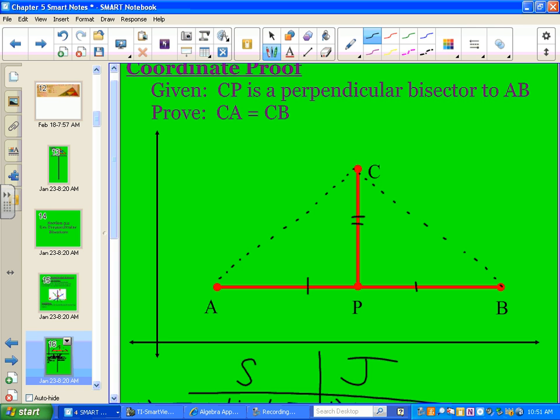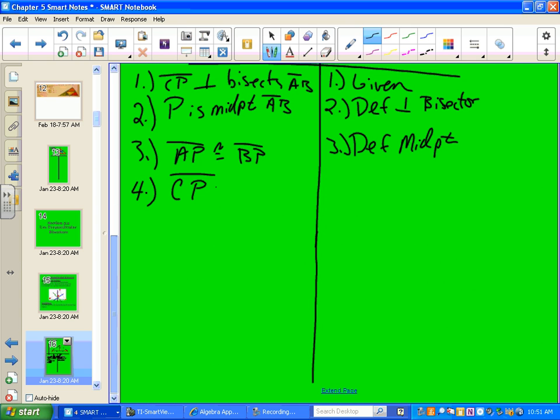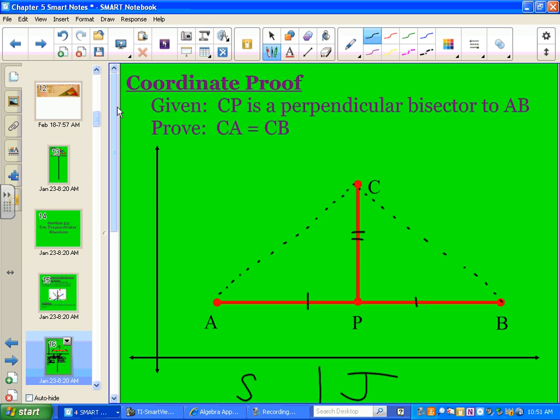Good. CP is congruent to CP, reflexive. Next, Max. Why?